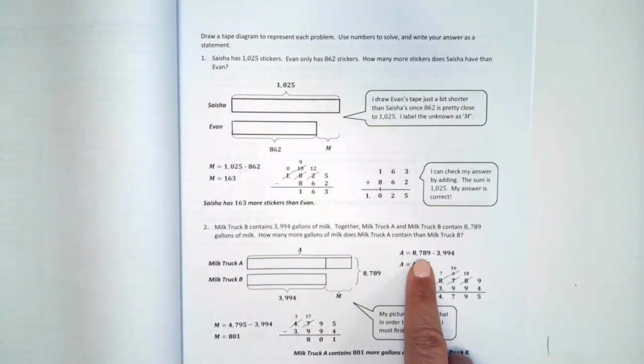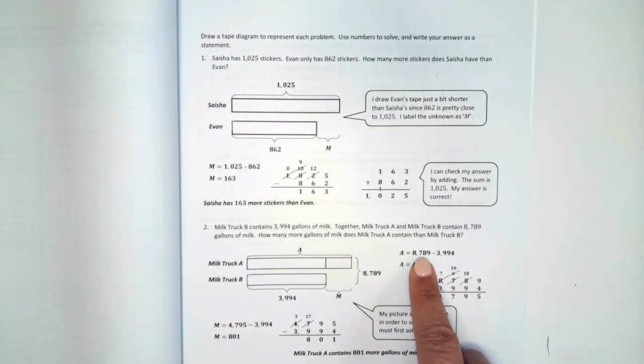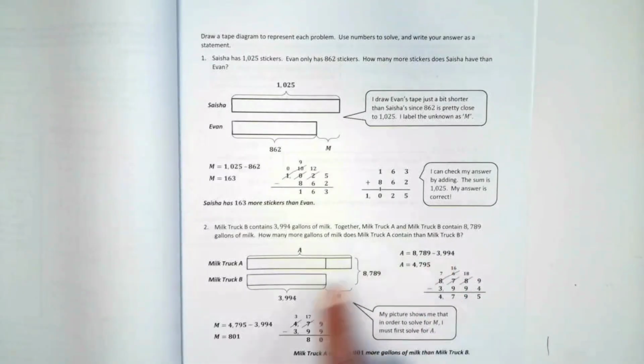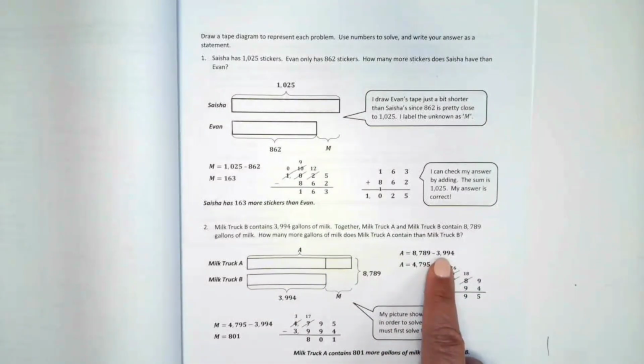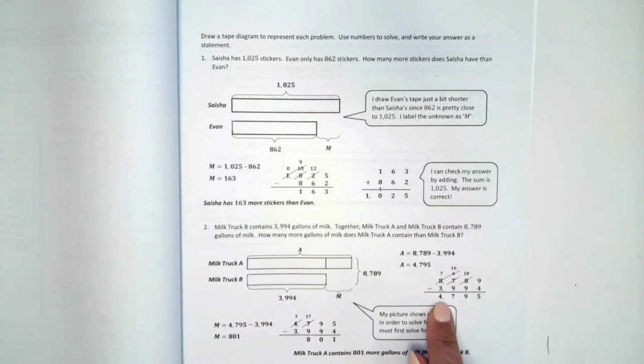The total amount for both trucks, 8,789, minus the amount of milk in truck B will tell you how much milk is in truck A. And when they subtracted, they got 4,795. But that's not the end of the problem.